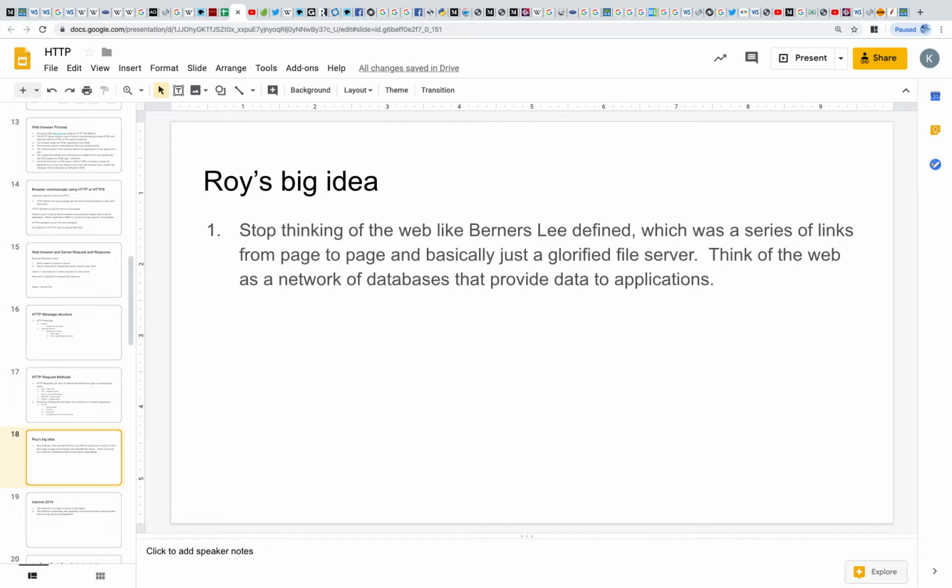It was just hyperlinks between pages, and that was the extent of what Berners-Lee had put together, because the internet was just web pages connected to each other.